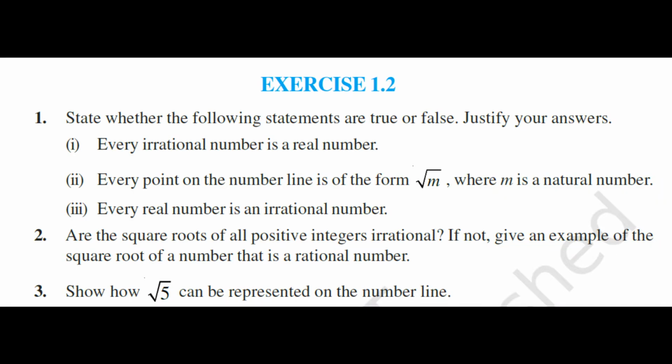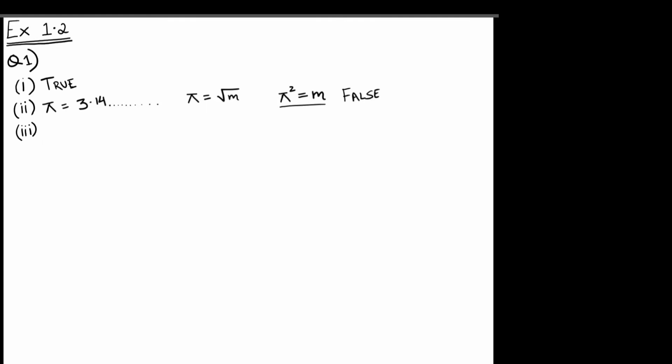Moving to the third statement, it says every real number is an irrational number. This is the exact opposite of our first statement. We know that every irrational number is a real number, but the converse may not be true. So as per the definition of real numbers, right?